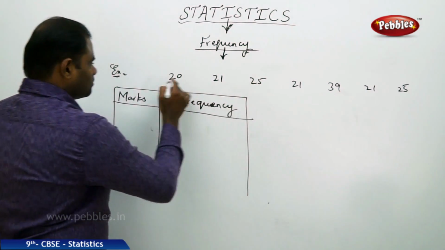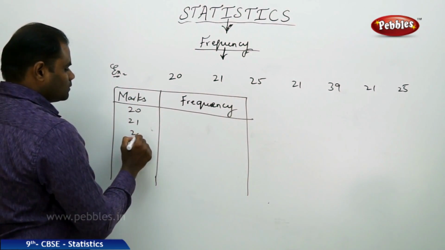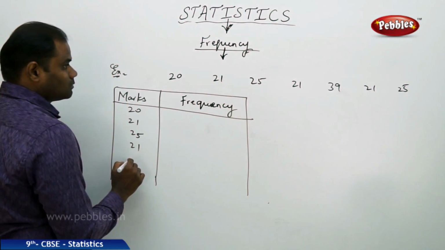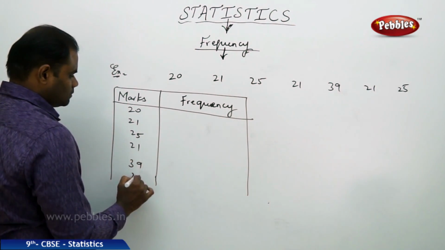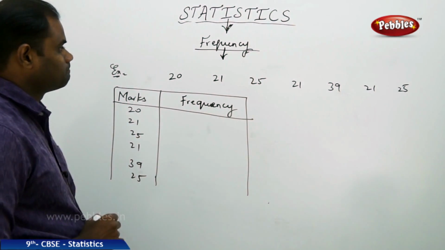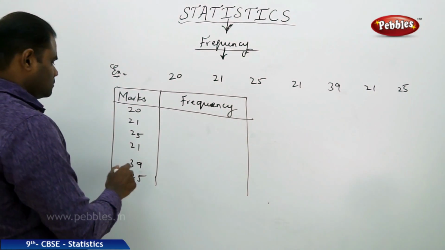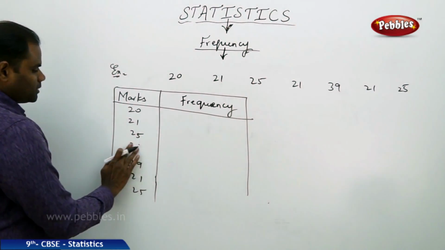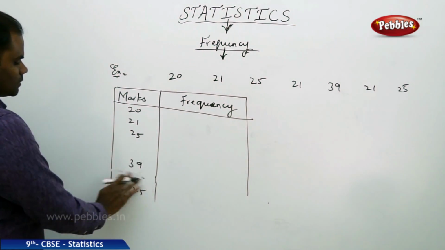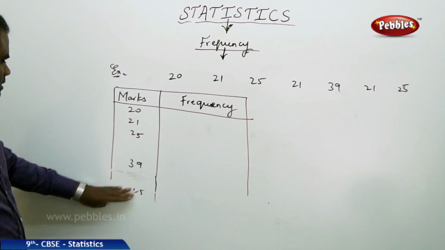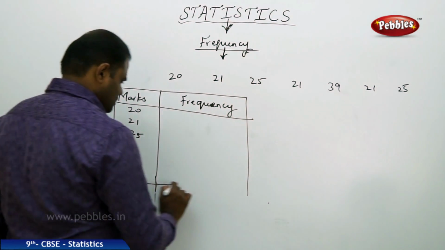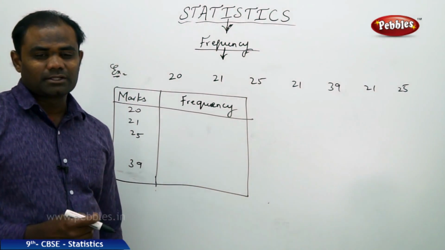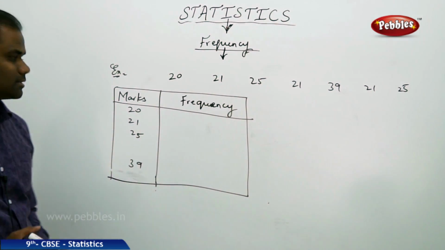Since values are repeated, I don't take the repeated values again, and hence I get a table which has these values.